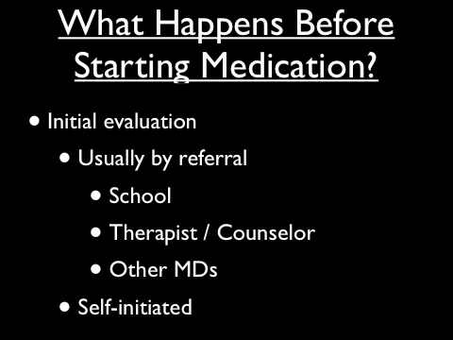So the initial evaluation, how we meet the child, is the beginning of treatment, possibly with medication. It's usually by referral. The main source of referral for a child, or for the parents to send the child, is school. Why? Because they spend most of their time in school. At that point, you see the mood swings, if there are any, and the peer interactions.